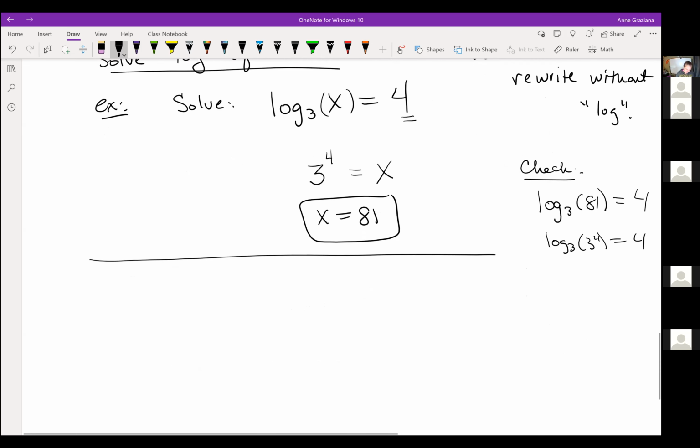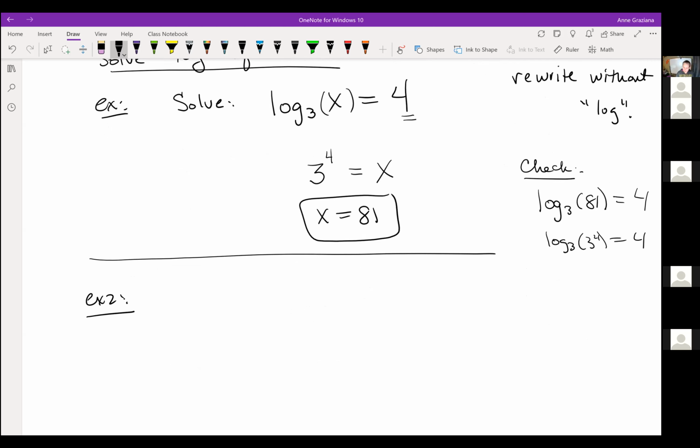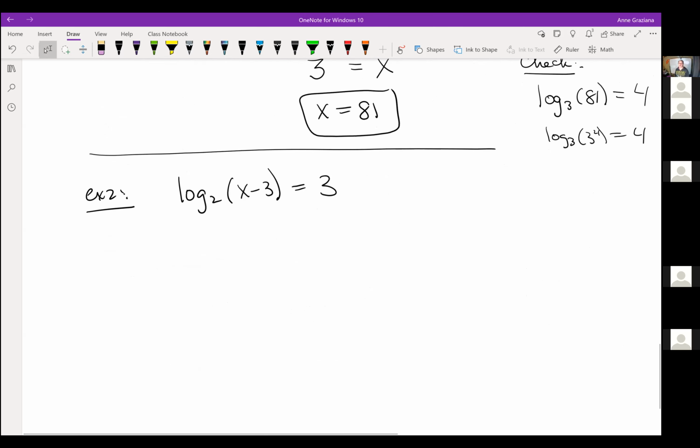All right, here's the second example. So sometimes the inside is not just x. It's going to be some kind of expression with x. So log base 2 of x minus 3 is equal to 3, right? Okay, what's my equivalent expression? Here's my base, 2.